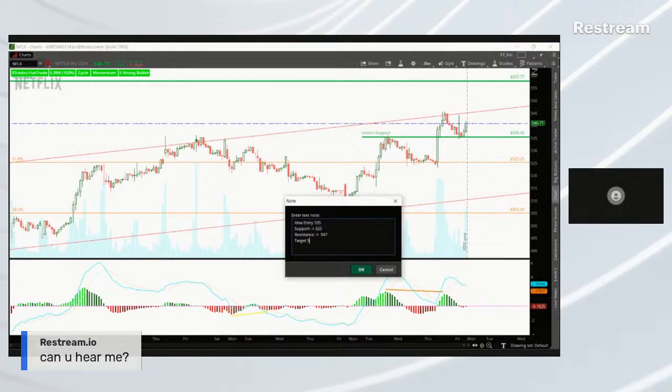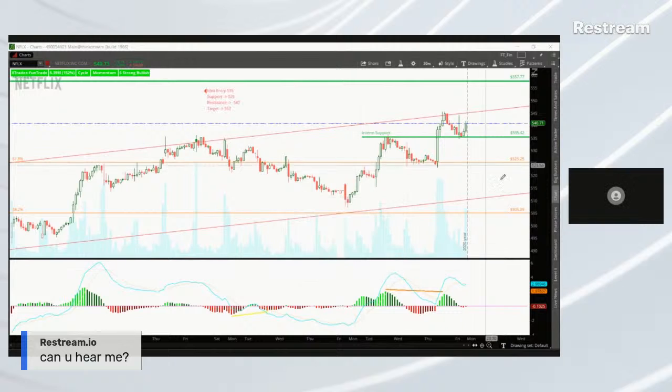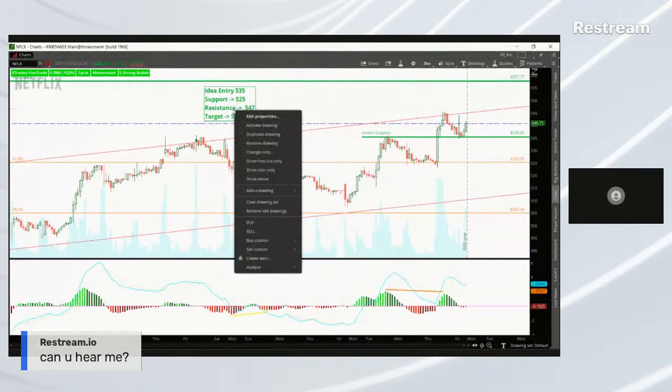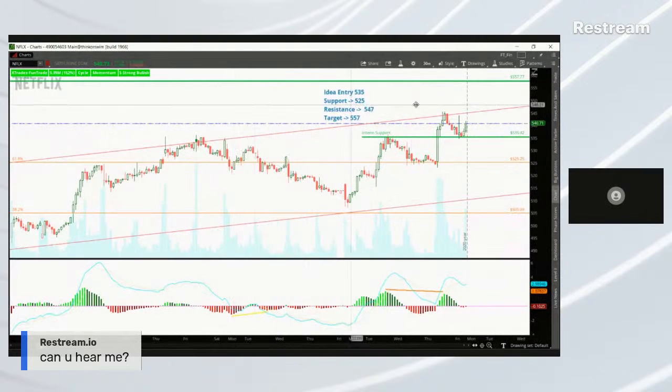Target would be 557. So this is how I come up with my trade plan. This exactly is something I look out for. So this is my trade plan for Netflix.